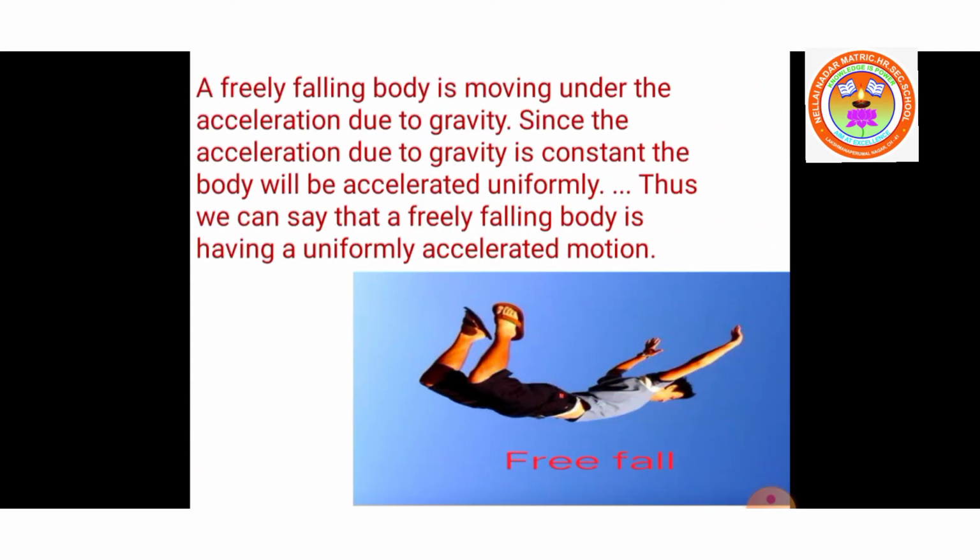A freely falling body is moving under the acceleration due to gravity. There is no air resistance, so a freely falling body is moving under the acceleration due to gravity. Since the acceleration due to gravity is constant, the body will be accelerated uniformly.